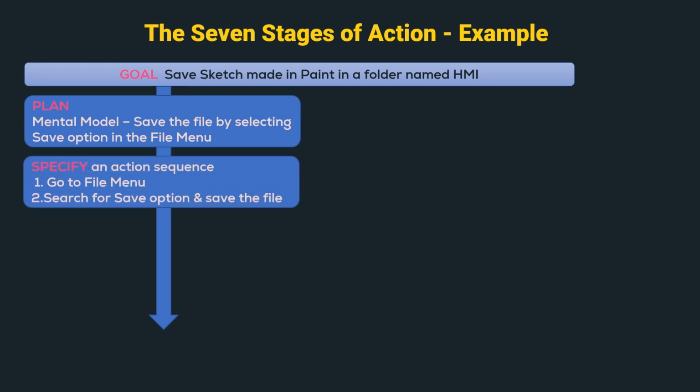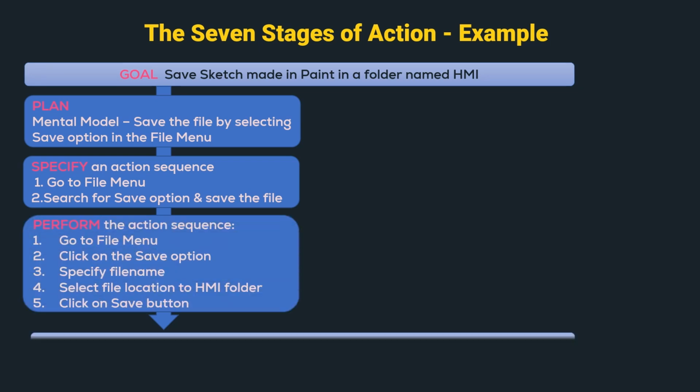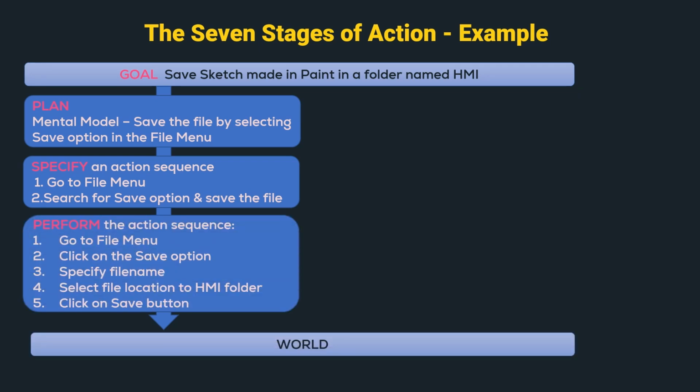Then, we specify an action sequence that will help us achieve our goal. That is, going to the file menu, searching for save option and saving the file. Next step is actually performing the action. That is, go to the file menu, click on the save option, specify file name, select file location to HMI folder and click on save button.